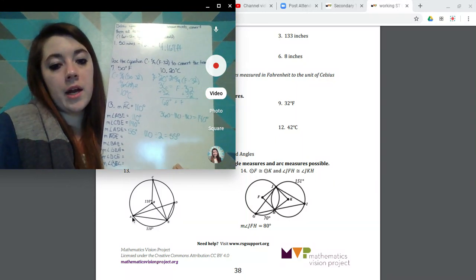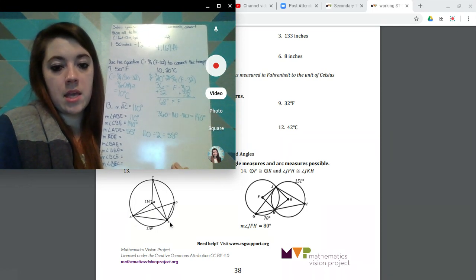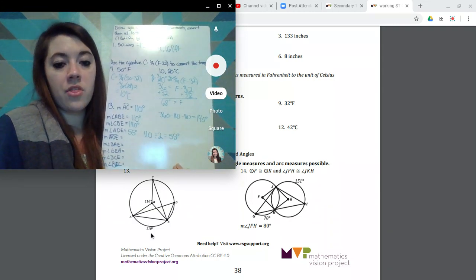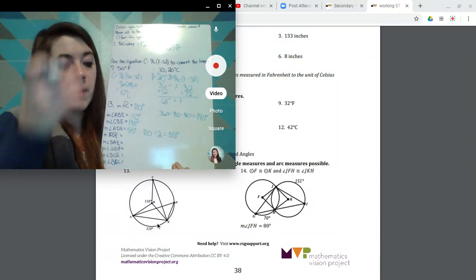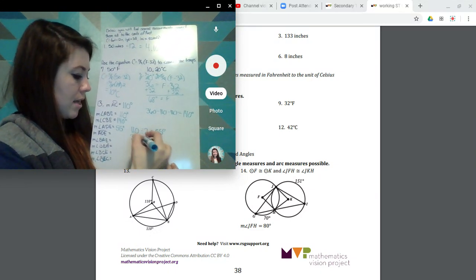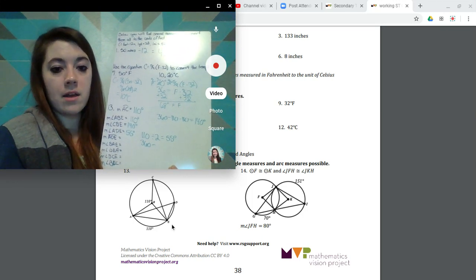Now we're looking at arc ADE. So almost the entire circle, it's everything but this little arc AE. So what that means is we're taking the full circle, so 360, and subtracting everything else from it.